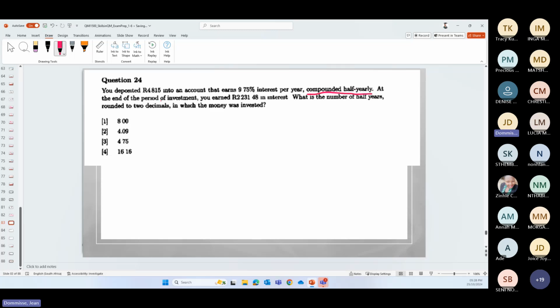At the end of a period of investment, you earned 2231.48 in interest. What is the number of half years, rounded to 2 decimals, in which the money was invested?